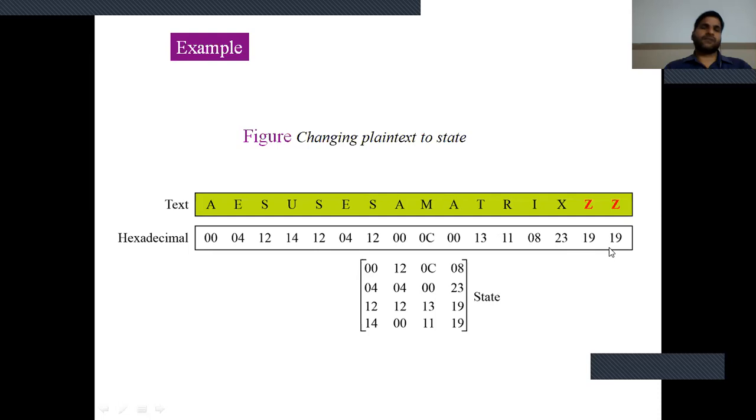After conversion, the values are stored as 00, 04, 12, 14, 12, 04, 04, 12, 00 in this way. This is changing plain text into the state.